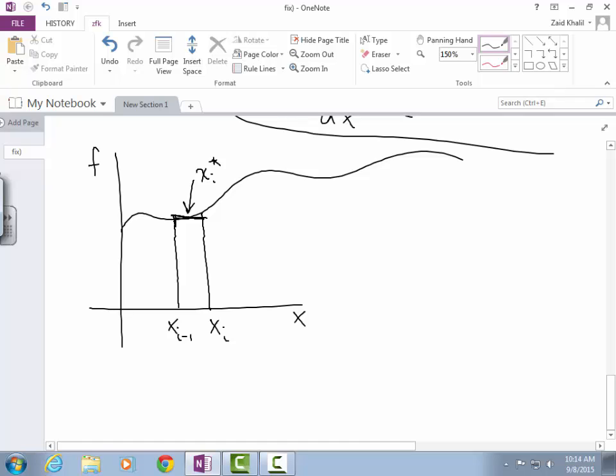And so what's that area? Be careful. It's f of x_i star times the width, which is, that's right.